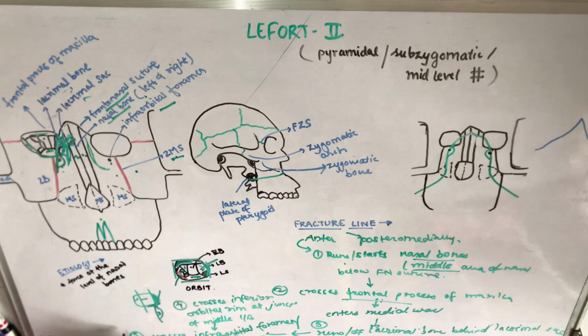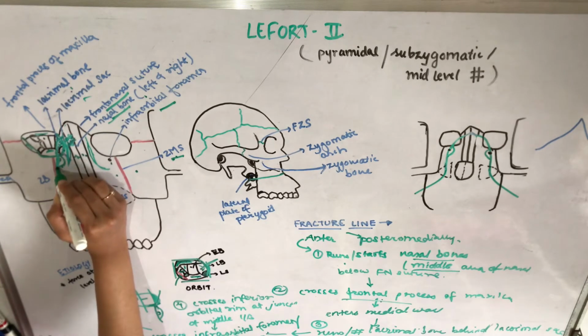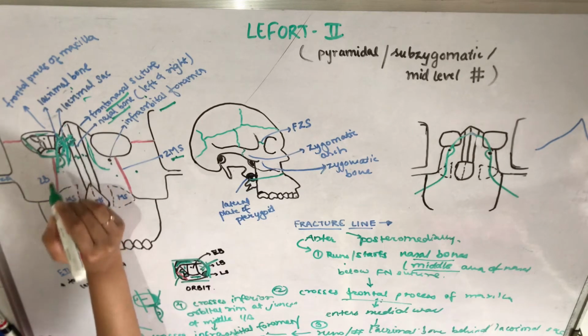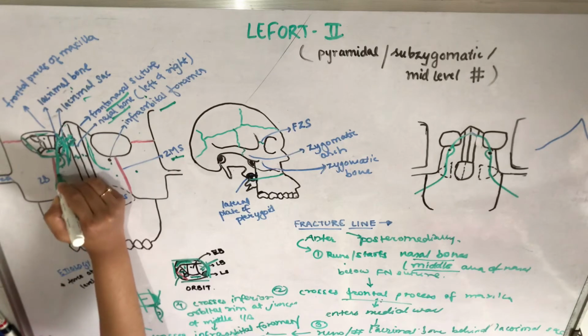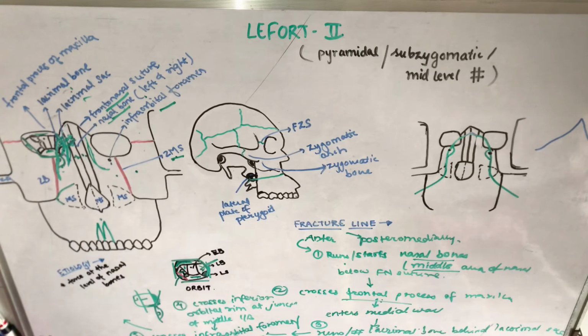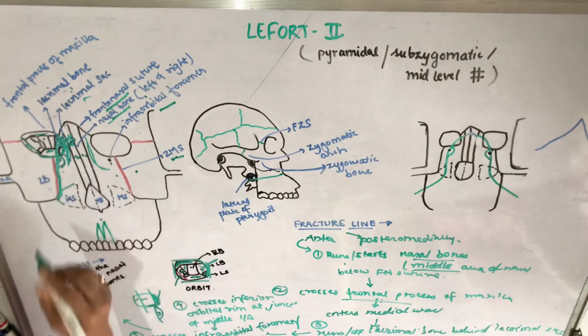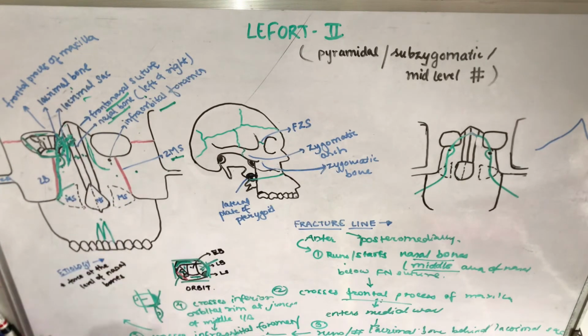Now the next point is, so now it has crossed from this foramen, that is your infraorbital foramen. Then this fracture line runs from the anterolateral wall of the maxillary sinus. So it is running through the anterolateral wall of this maxillary sinus. So the anterolateral wall is the one which is facing facially.